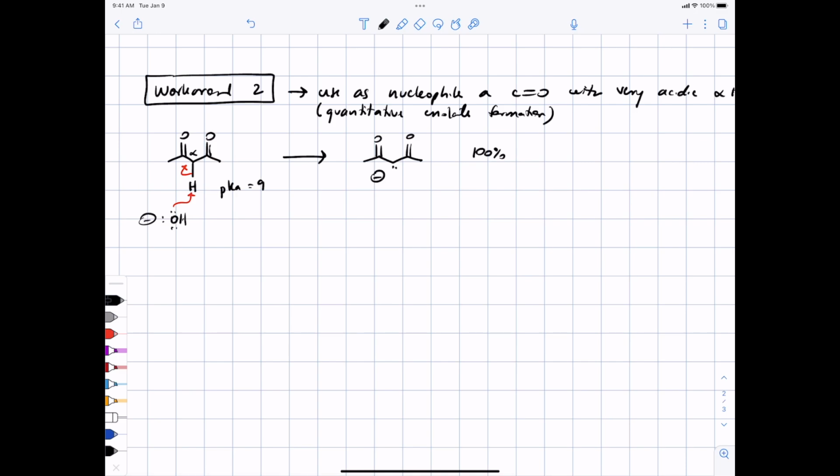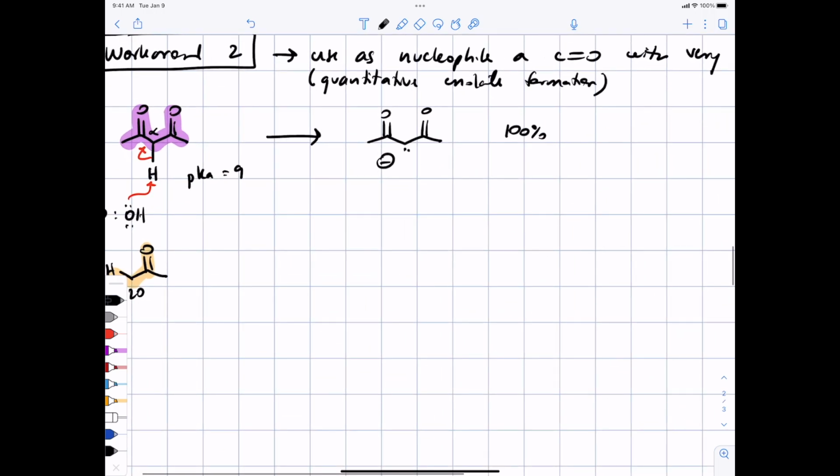And I can do this in the presence of another ketone where the alpha proton has a pKa of 20. See, there's no contest. OH minus is going to completely remove the proton from this beta dicarbonyl compound. I'm never going to form the enolate from that other ketone.